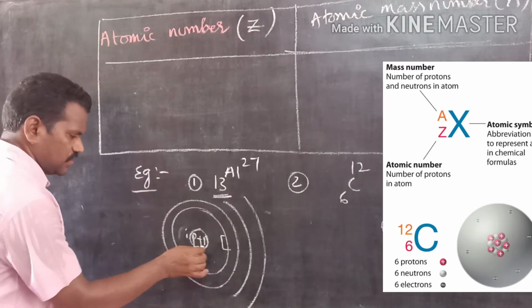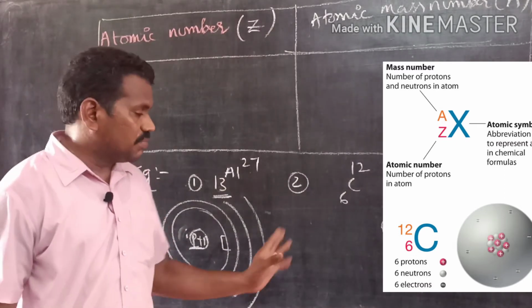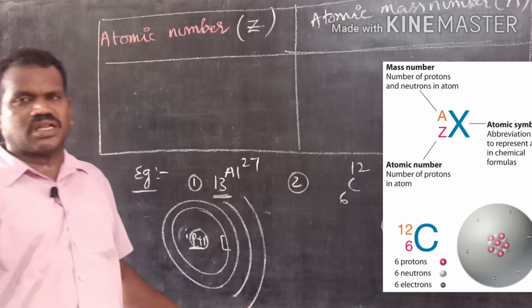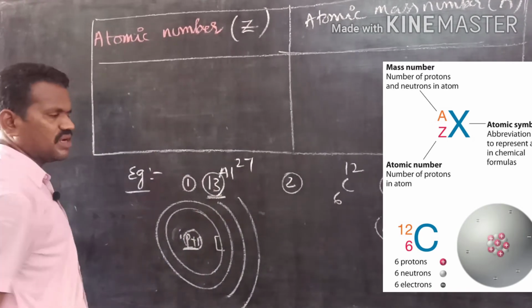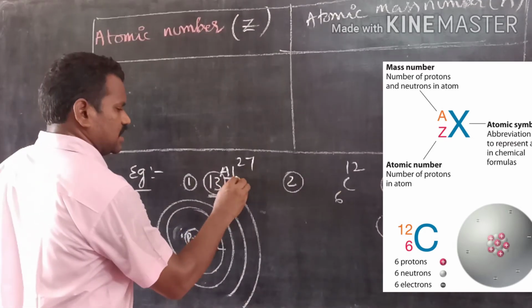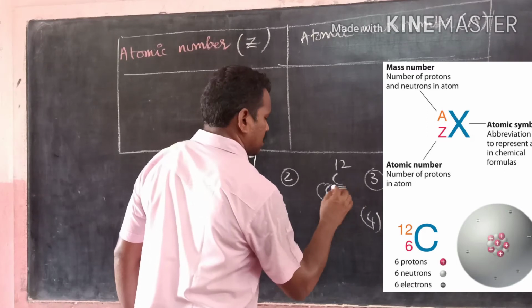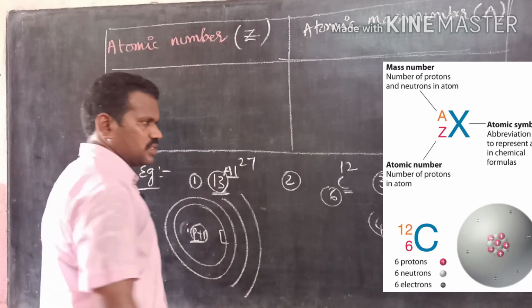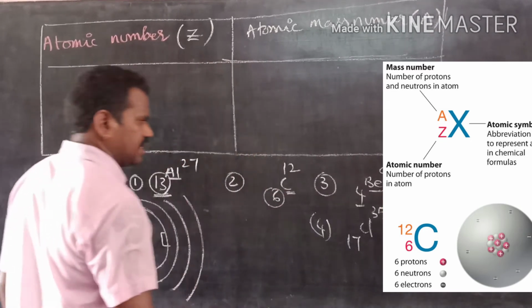But inside the nucleus, the proton number does not change. The number of electrons may change, but the proton number does not. This 13 indicates the number of protons present in the aluminum nucleus. 6 is the number of protons present in the carbon nucleus. 4 is the number of fixed protons present inside beryllium.